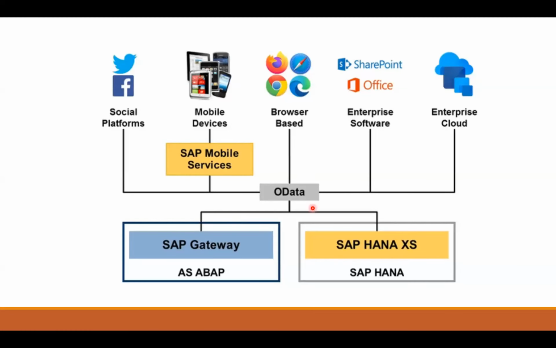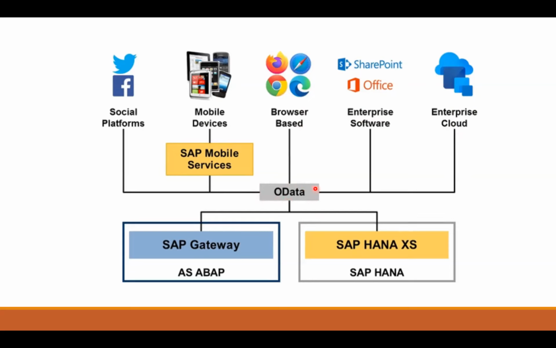Yeah, good. So this is OData, the ways of OData publication from the systems. This one we have already seen, which will be the clients of OData services: social media, mobile devices, browsers, Office, enterprise cloud, whatever.